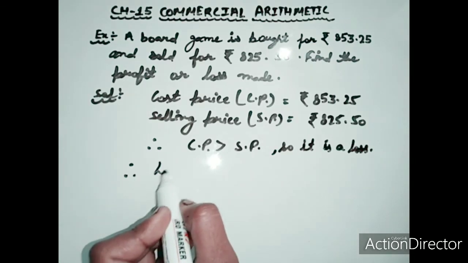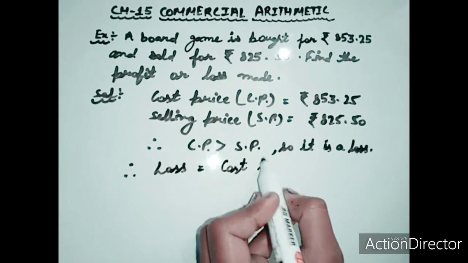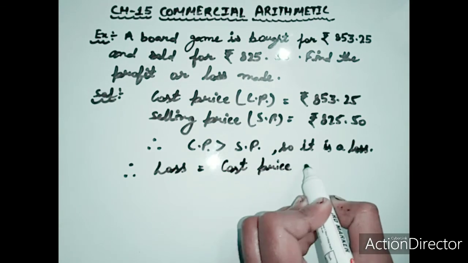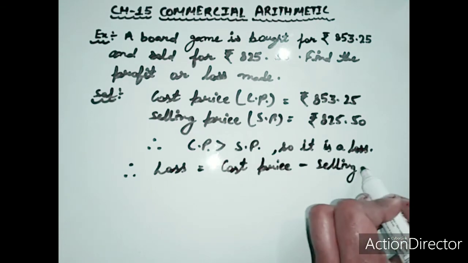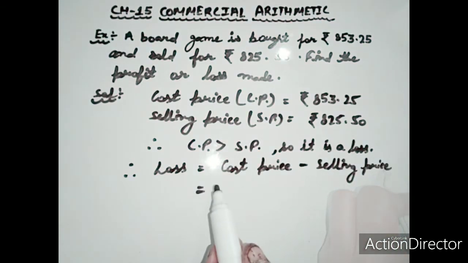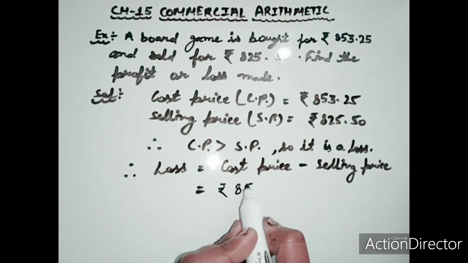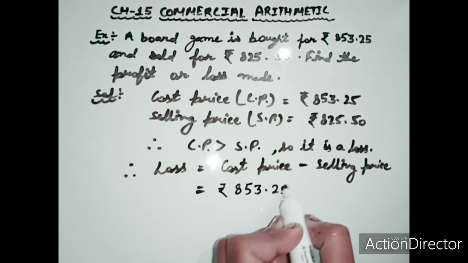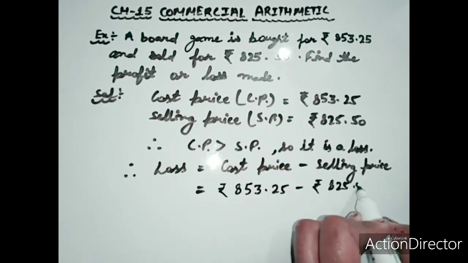Now the formula to find loss: loss equal to cost price minus selling price. Here 853.25 minus rupees 825.50.